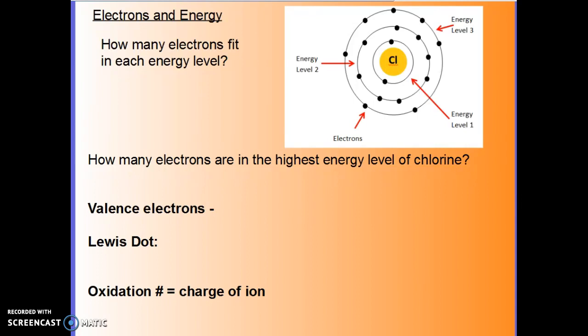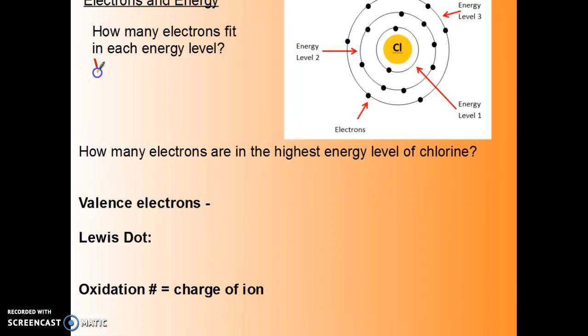So let's remember that in the first energy level, you will have 2 electrons to fill it up. In the second energy level, 8 electrons will fill it up. And in the third energy level, 8 electrons will fill it up.